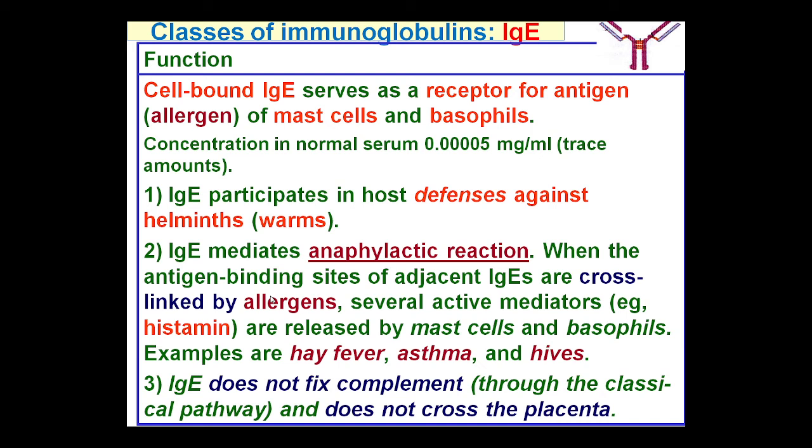This cross-linking generates a signal for degranulation of mast cells and basophils with the release of histamine from the vesicles to the extracellular space.